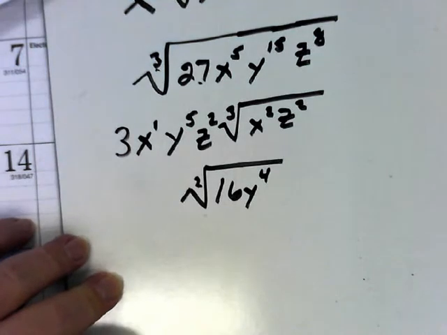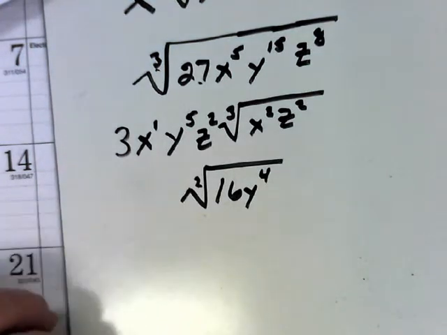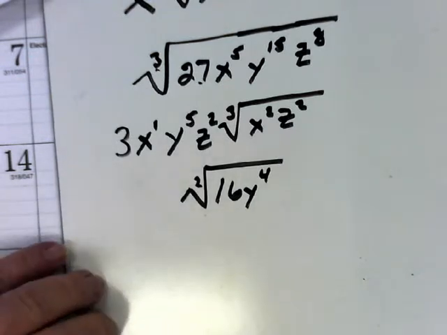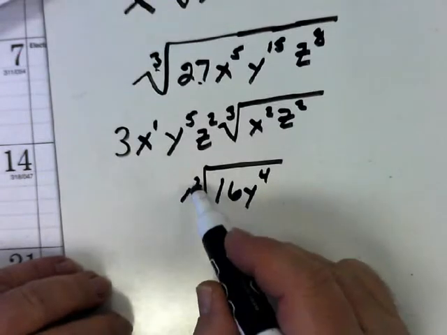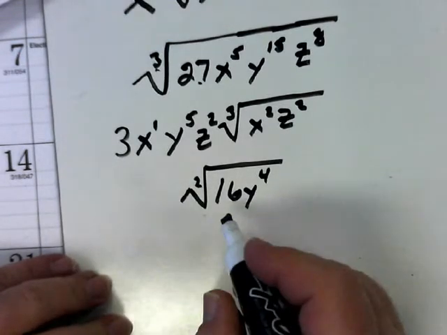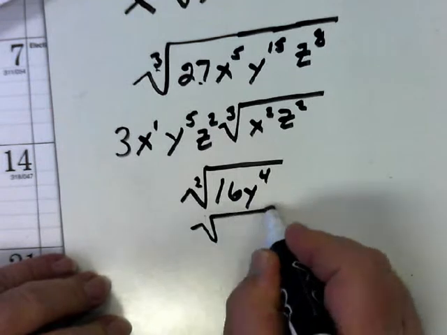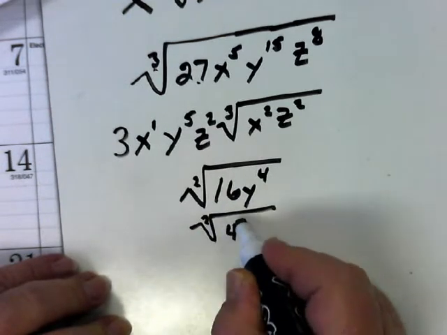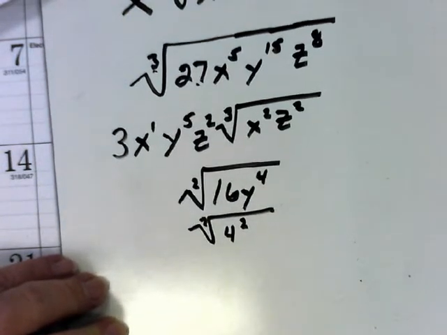So if you want to put a 2 there, put a 2, because it means square root. And square root is 2, isn't it? Is there any perfect square in 16? Well, if I don't know right away, I could write it this way. 4 to the second gives me 16, doesn't it?